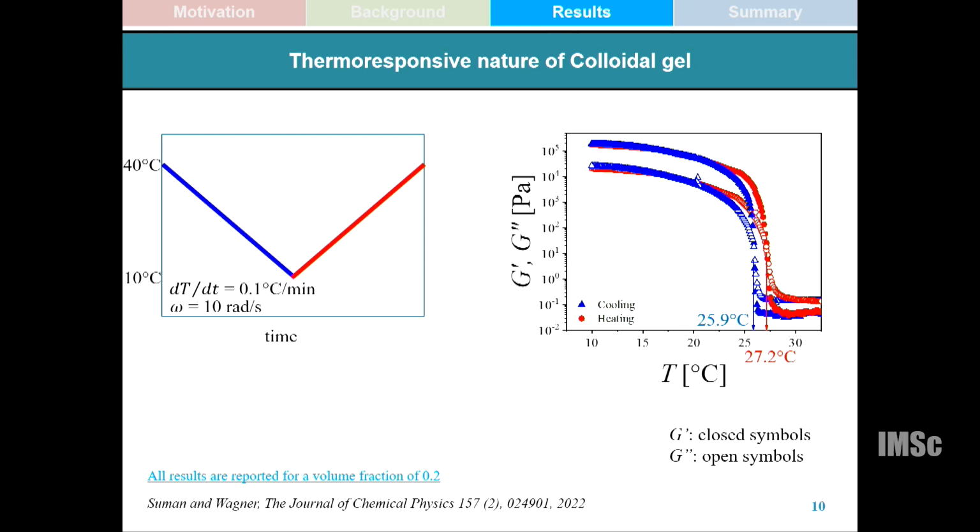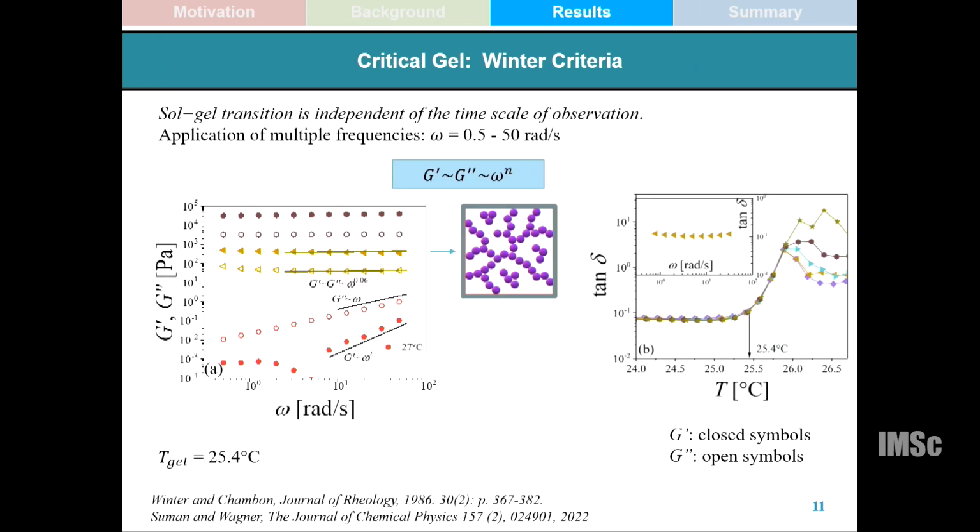So in order to have a more well-defined gel point temperature, we seek refuge in the Winter-Chambon criterion. Professor Henning Winter did pioneering work on gel-like systems, and he came up with the principle that at the point of critical gel transition, the moduli will obey an identical power law scaling on applied frequency, and tan delta, which is the ratio of G double prime to G prime, will become independent of frequency.